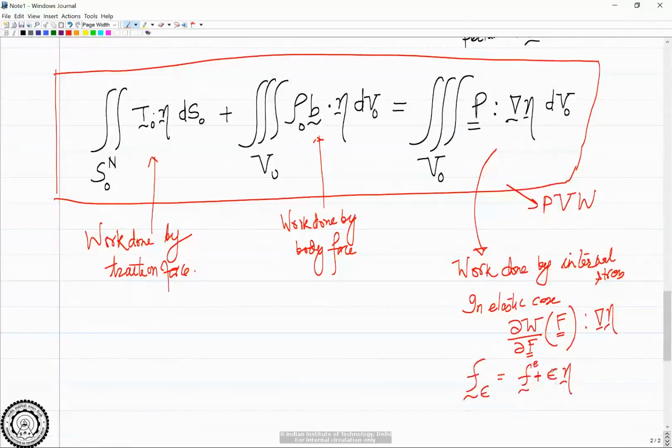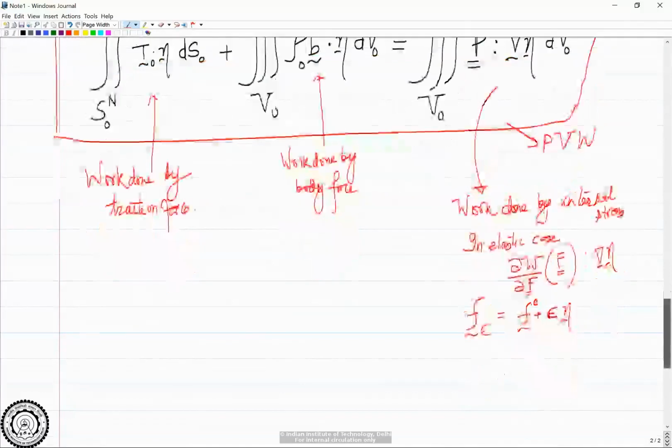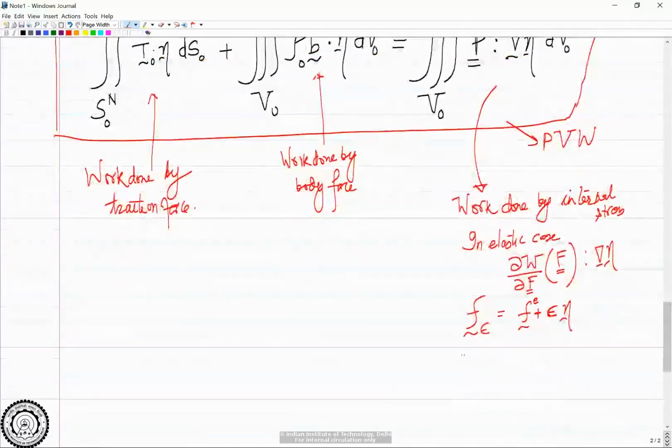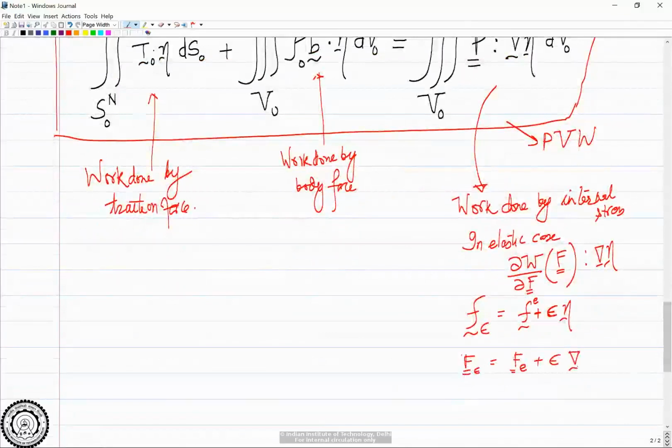This is just to scalarize the differentiation. Now, when you do this, what is happening to big F epsilon? Isn't this big F at equilibrium plus epsilon times grad eta, right?